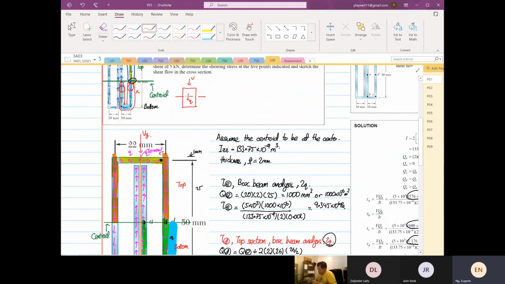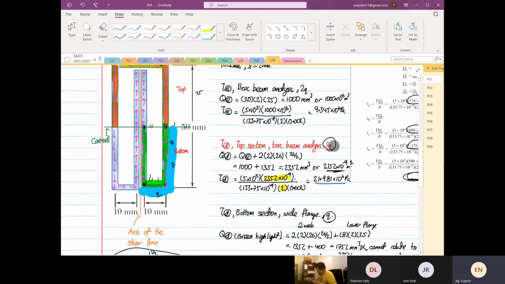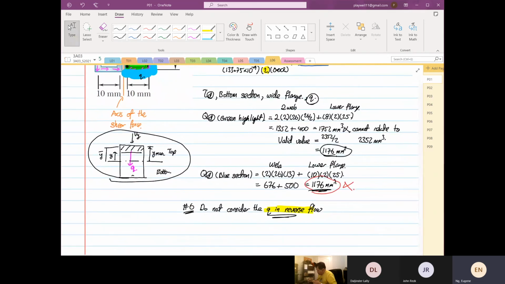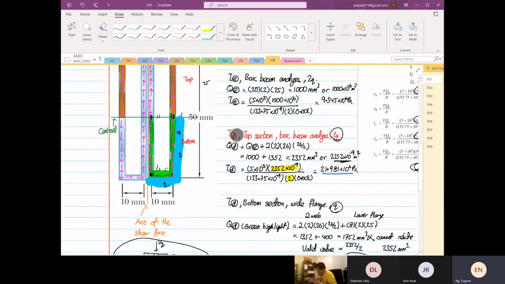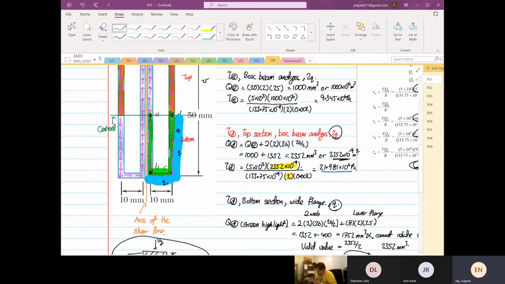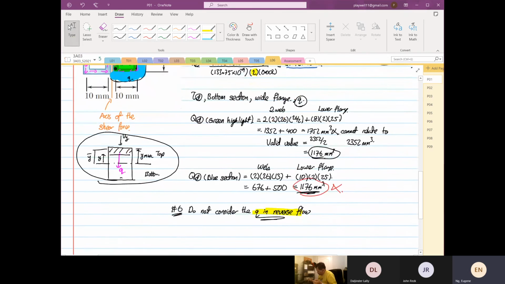So what has to be done is to consider just this section highlighted in blue over here. There is no reverse flow in this case, so we are going to work out that value.